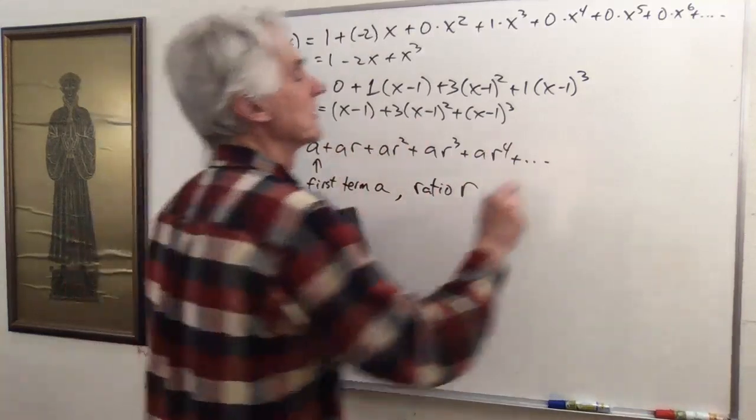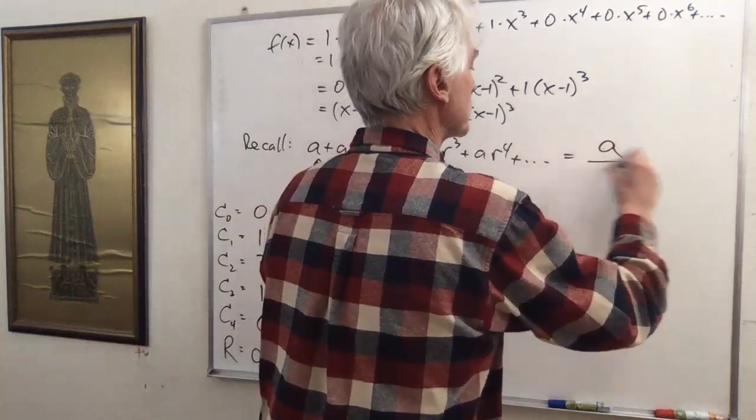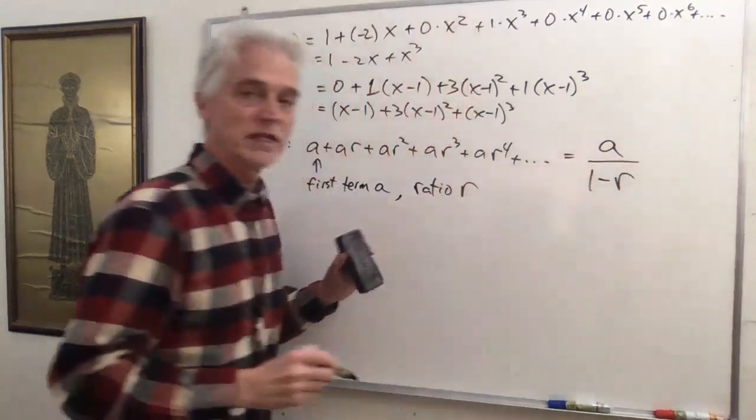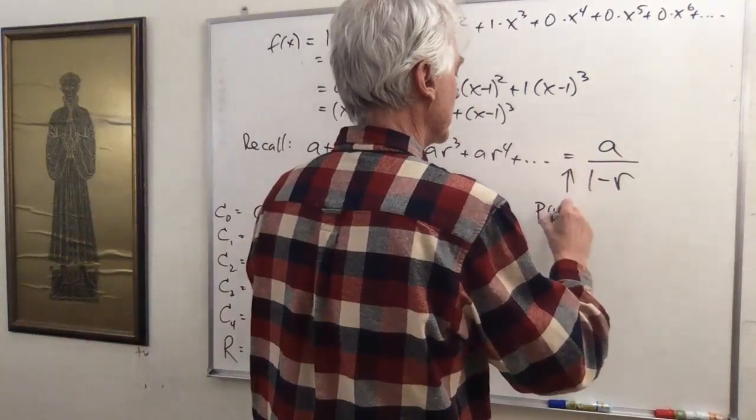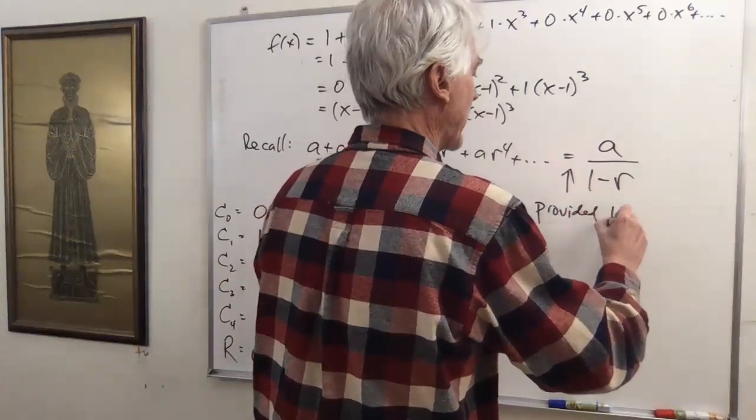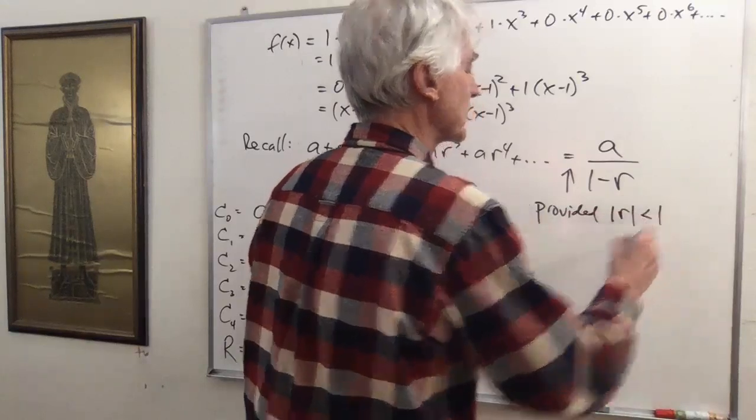Right? So this thing, you might remember, is the first term over 1 minus the common ratio, and this holds provided absolute value of R is less than 1.